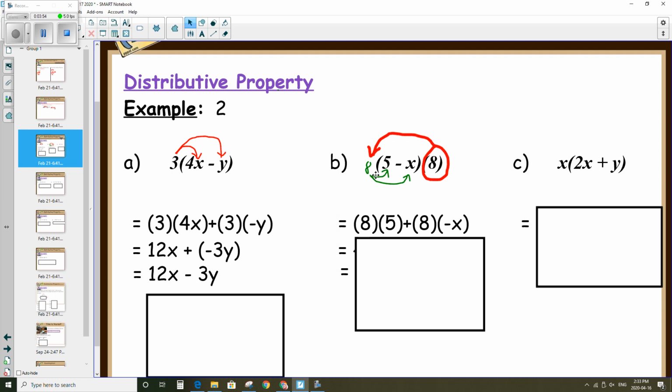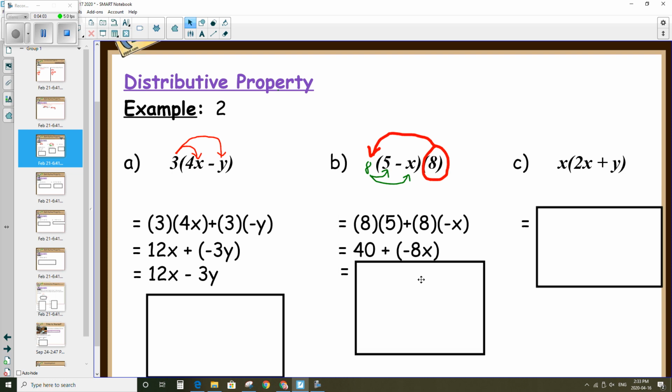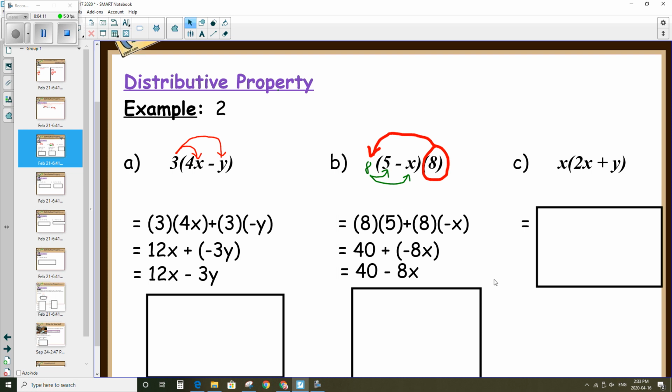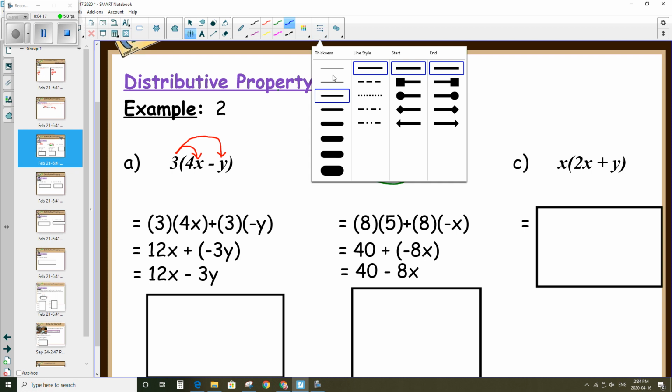Okay, showing my work again. 8 times 5, 8 times negative x. Okay, now you can work it out. 8 times 5 is 40 plus negative 8x. And once again, if you have two signs next to each other that are not the same, just make it one negative sign. And last one on this page, x multiplied by 2x.